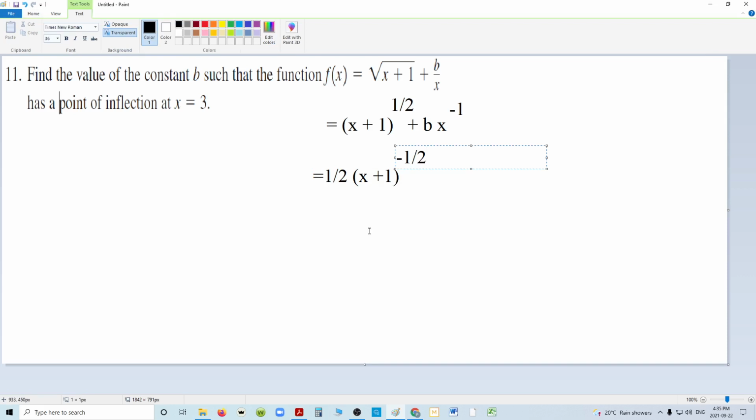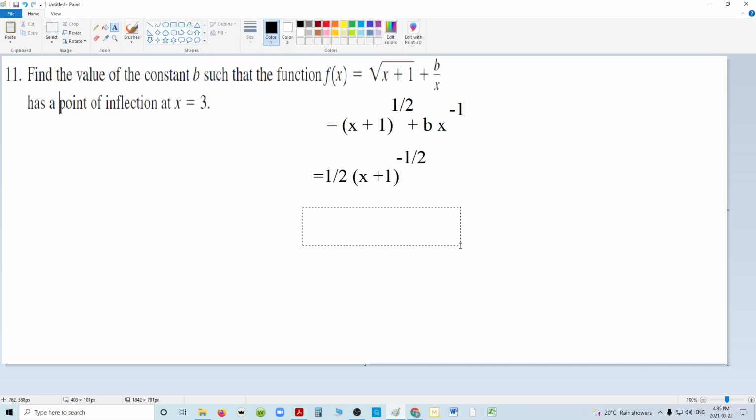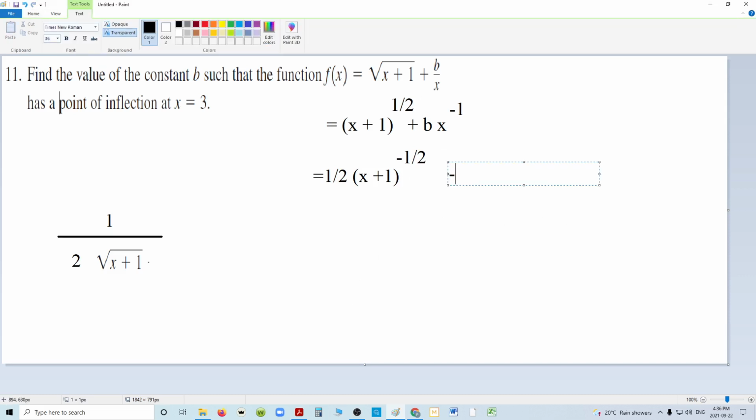So fortunately, I'm just left with that, which means I have the wonderful, and I'll just rewrite it. If I'm going to rewrite it in their terms, it's going to be this. But I'm going to keep it in this term over here. If I take the chain rule here, I treat b like a number, and I get minus b times x to the minus 2.